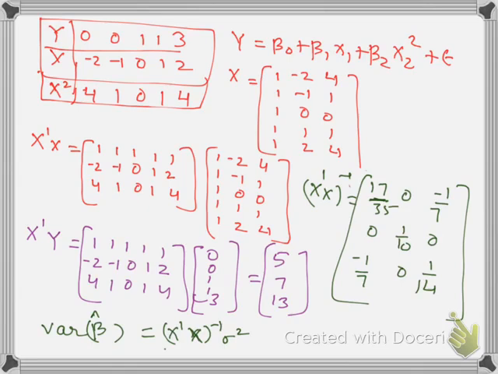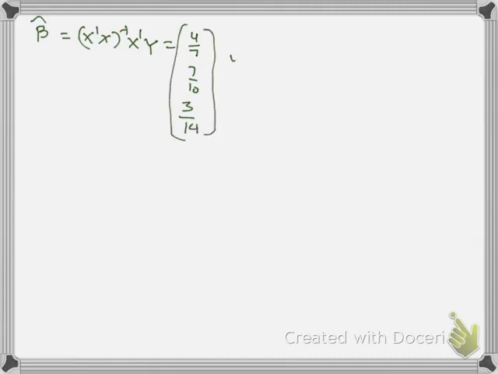All right, so let's keep going. So our beta hat is equal to x transpose x inverse x transpose y, which is 4 out of 7, 7 out of 10, 3 out of 14. If you want to be more precise, it's 0.571, 0.700, 0.214.